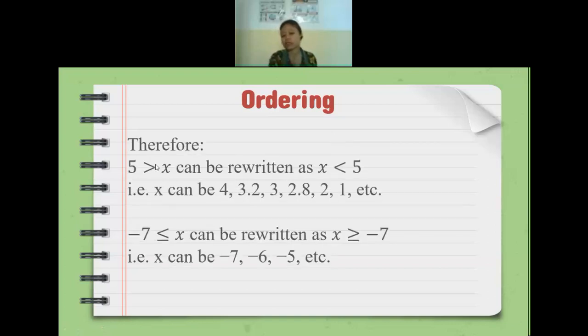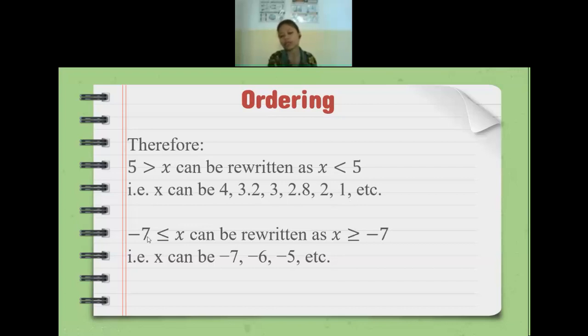Here it is the same thing. If I have 5 is bigger than x, this is a bit difficult. It will be easier if I write it as x is less than 5. So I just need to find any number that is less than 5. They are 4, 3.2, 3, 2.8, 2, 1 and any other number.